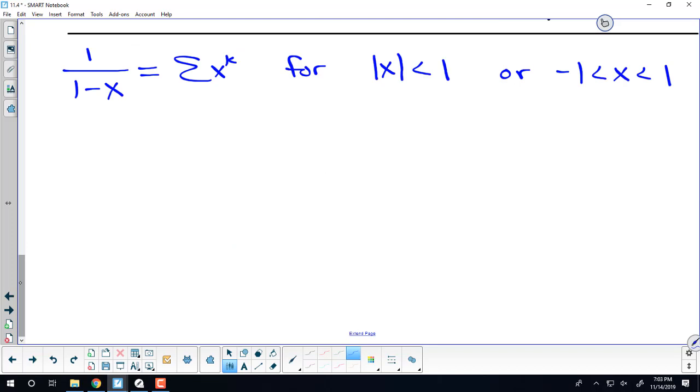If we take negative x and put that in place of this x, what would that converge for?